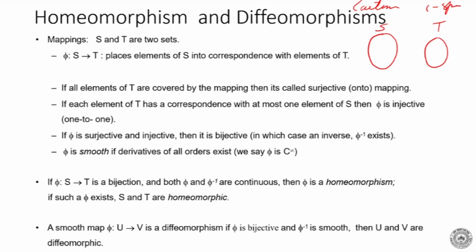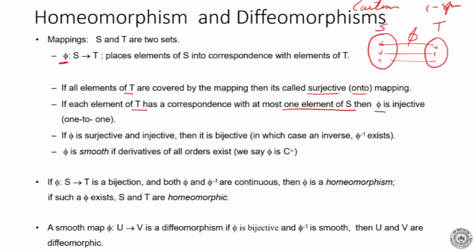There is a mapping phi which takes elements of S to elements of T. This mapping phi places elements of S into correspondence with elements of T. S and T are two different sets. Now if all elements of T are covered by the mapping, then it is called a surjective mapping, or onto mapping. If each element of T has correspondence with at most one element of S, then phi is injective, or a 1:1 mapping.